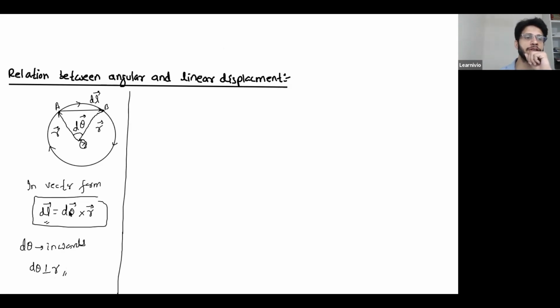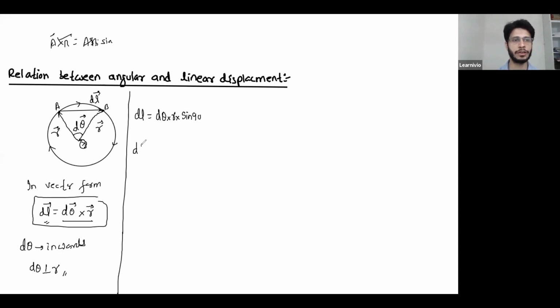Now, if I open this cross product dl, how do you open a cross product? A cross B is AB sine theta. So d theta into r into sine 90, that is 1.